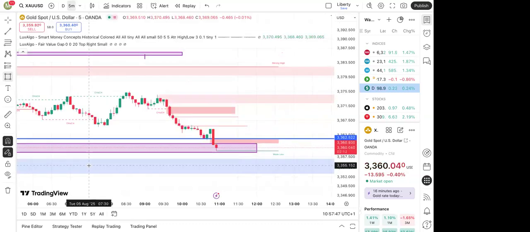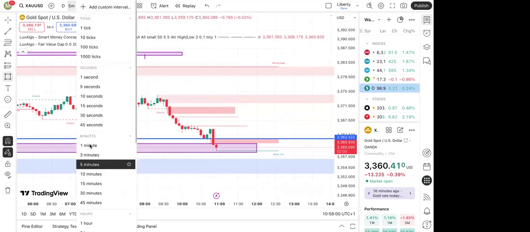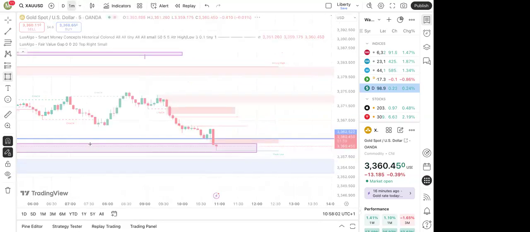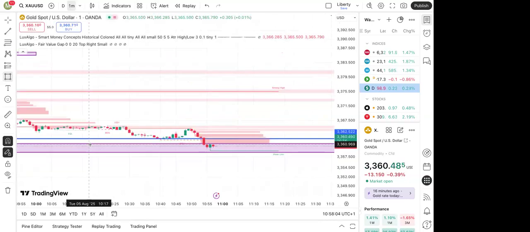So if we were to give a trade now, we'll be looking at buying gold, and we'll be looking at an entry price around 3360.805.